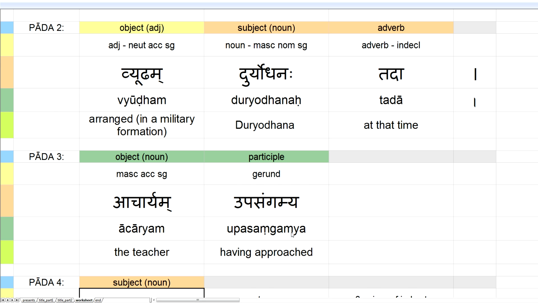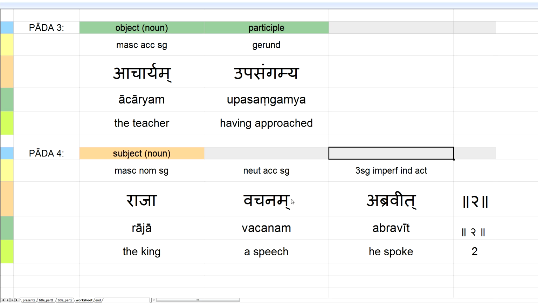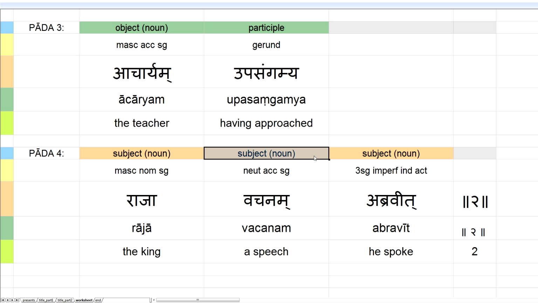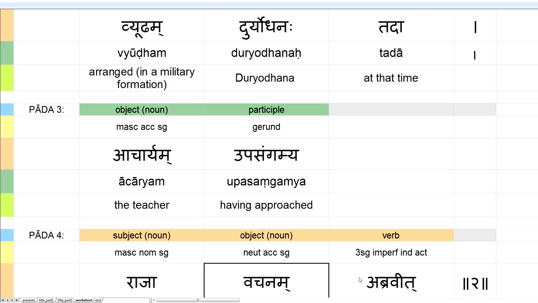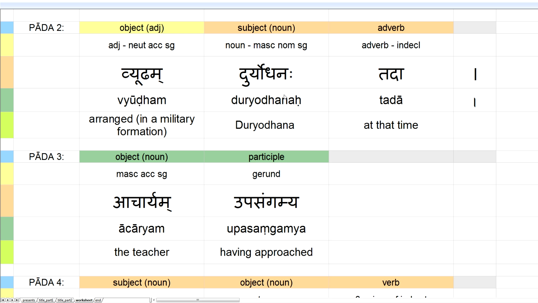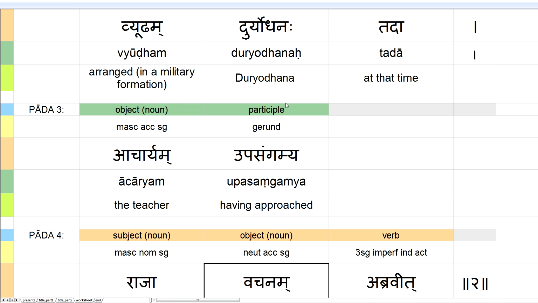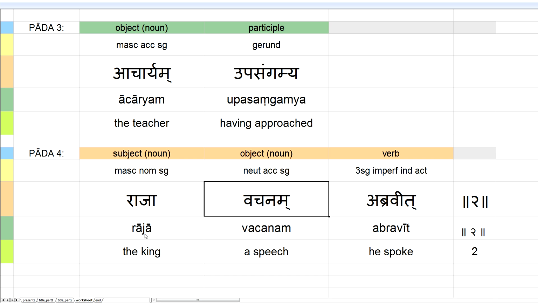So where is the verb? Well, the verb is here, and then the other words. Oh, I shouldn't have written that. There should be a verb there, and there should be an object. So then that makes sense. We have 2 subjects then, but this is a proper noun, and this is simply an ordinary noun, so there is no problem.